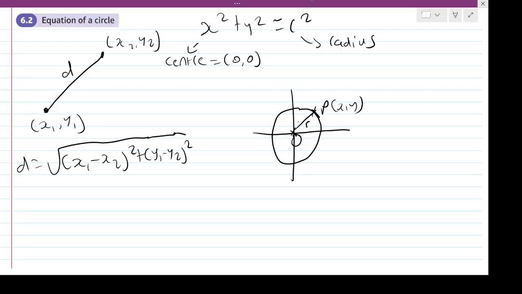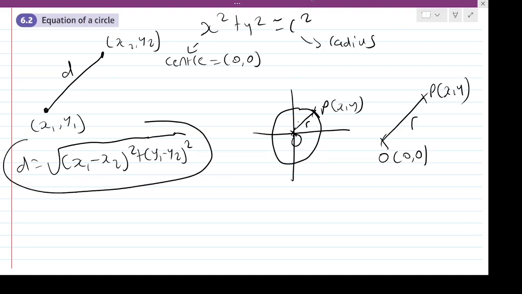Well, we can use this distance formula here, because these are 2 points, O to P, where P is xy, and O, the origin, is 0, 0, right? Well, we can work out the distance, and we know the distance is the radius r. Alternatively, if we use the distance formula, we know the distance has to be r, the radius.